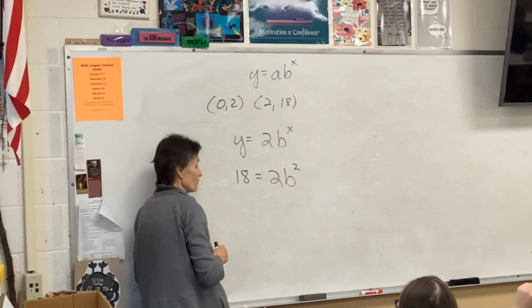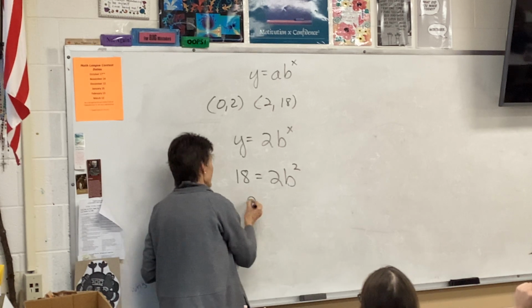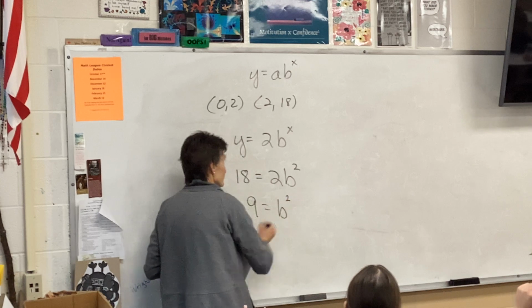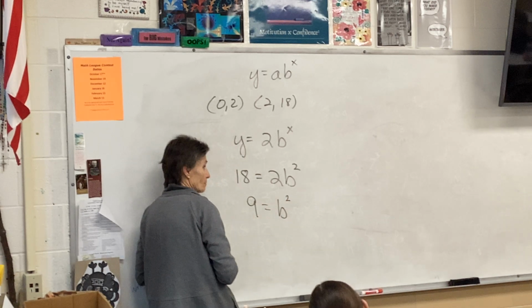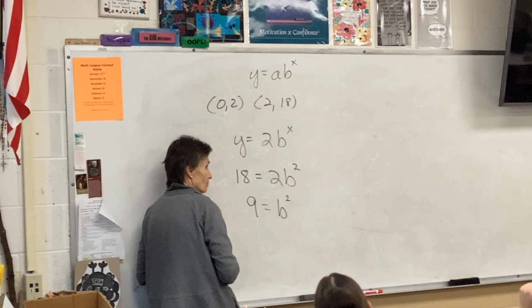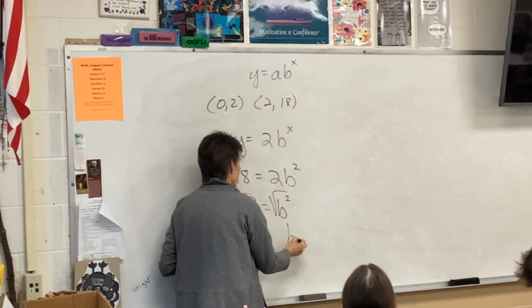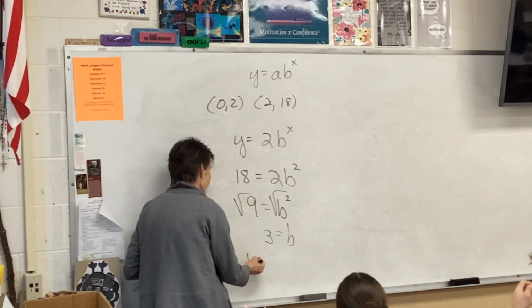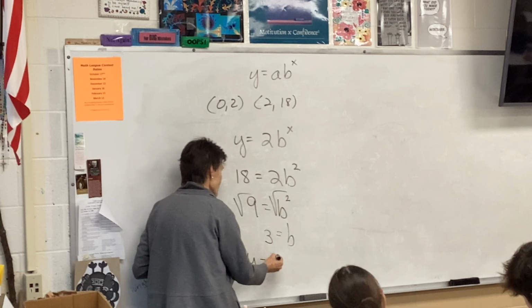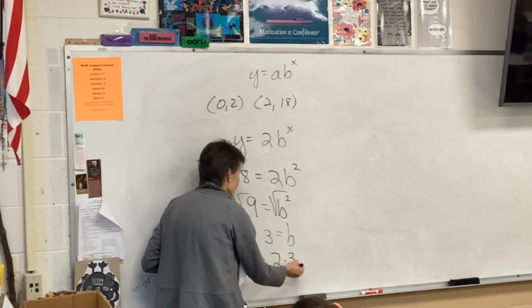And then how do we solve that? Divide by 2. And then take the square root. So b equals 3. And then we write our answer, y equals 2 times 3 to the x.